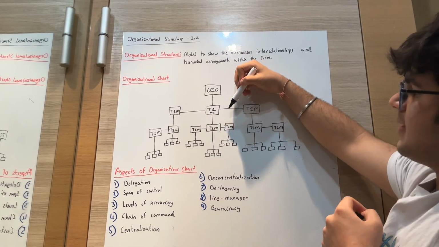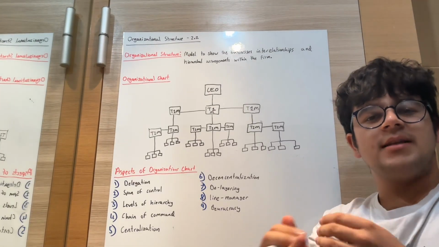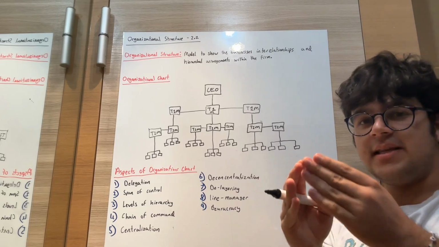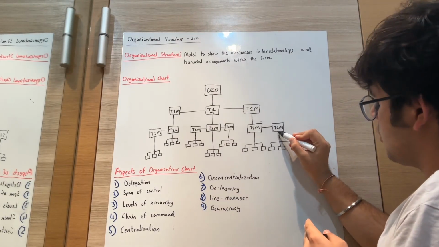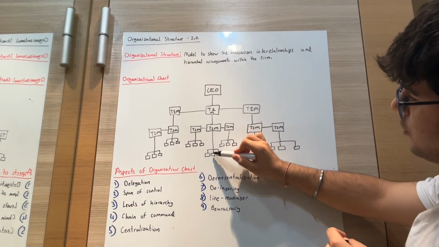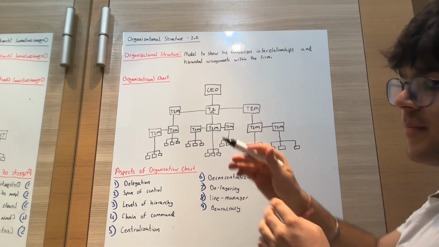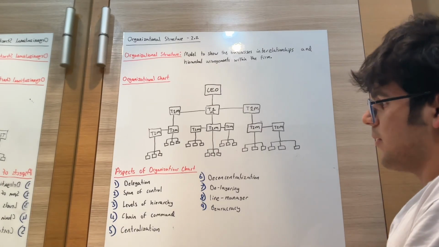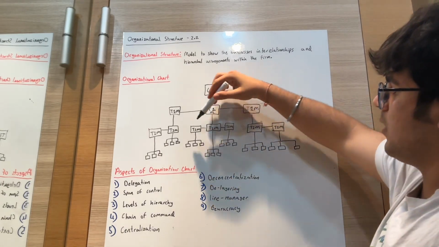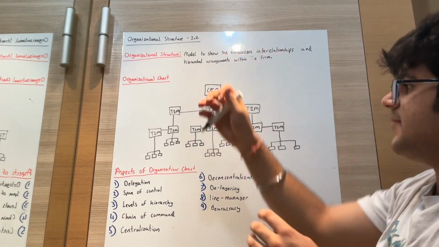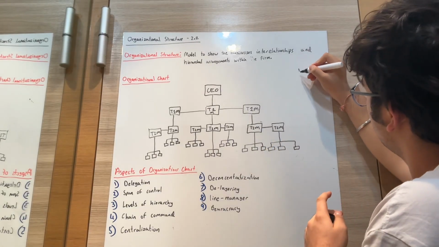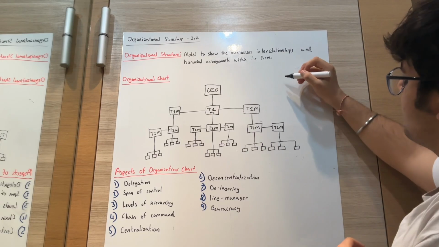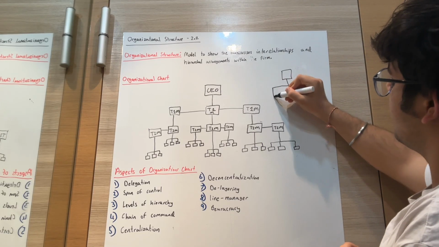We can see that it's very relative, so you have to make sure, but I would say for this one, the span of control is very narrow because each manager only has 1, 2, 3 people straight under them that they are in direct control of. So then this goes 1, 2, 1, 2, 3, 1, 2, and then 1, 2, 3. This is a very narrow span of control. A wide span of control would look something like this.